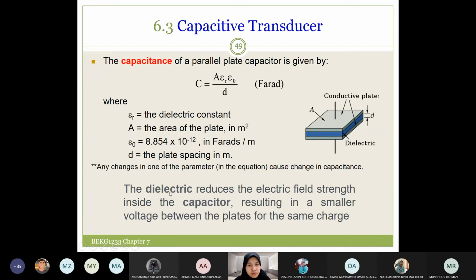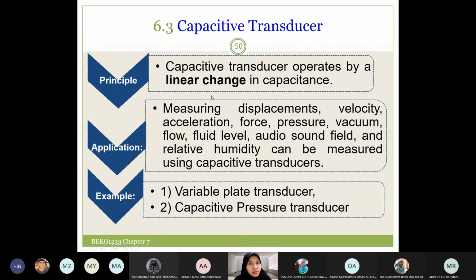So the higher D, the lower C. If D is higher, the capacitance will be lower. This is the principle of capacitive transducer. It operates by a linear change in capacitance.